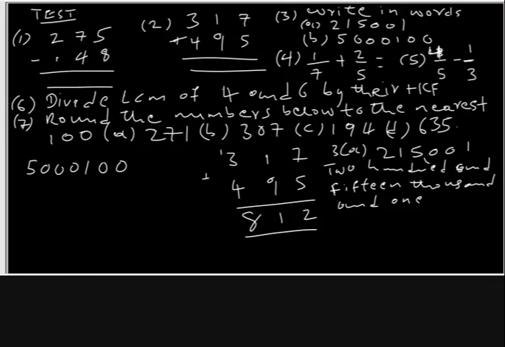So okay, sorry, this is 5 6 0 0 1 0 0. So this is 1 2 3, comma, 1 2 3 is another comma. I see it. So that means this one is starting from million.